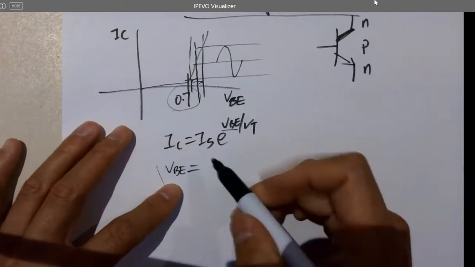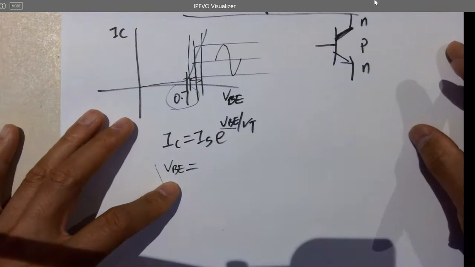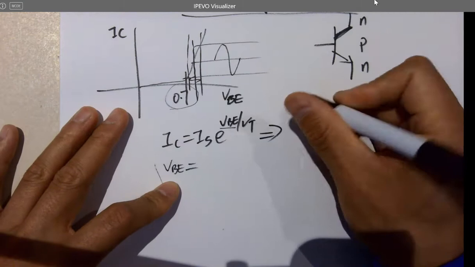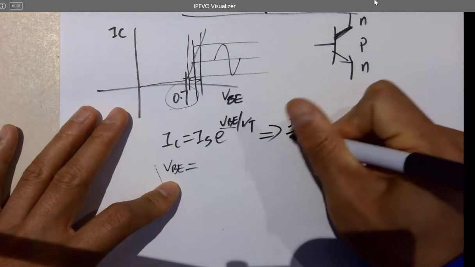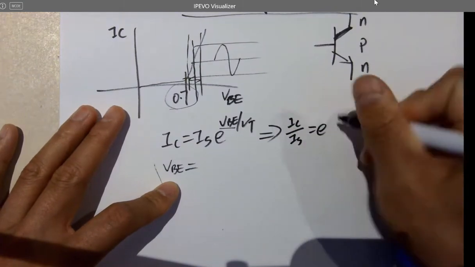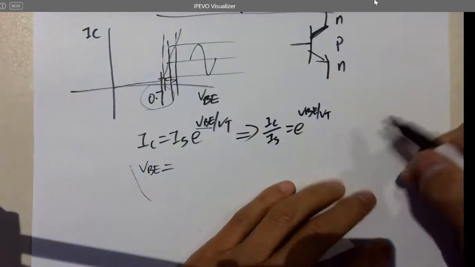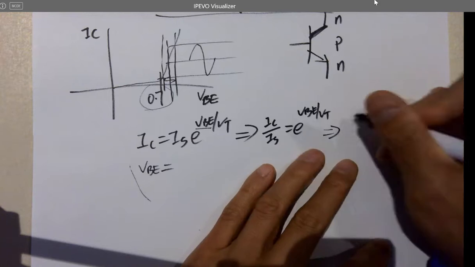So what is VBE from this equation? Let's move IS to the left side of the equation. So we're getting IC over IS equals e to the VBE over VT, and do a natural log on both sides of the equation.